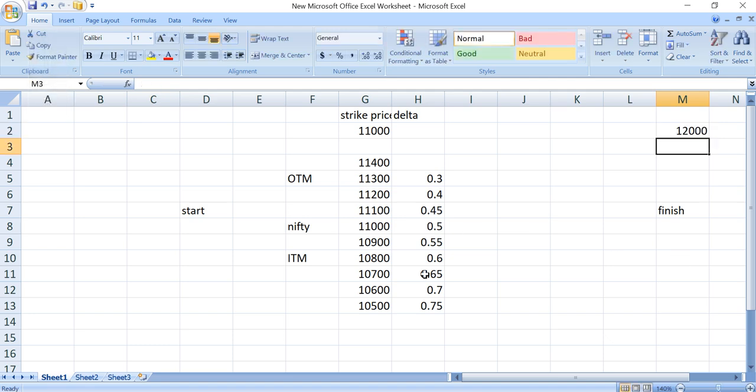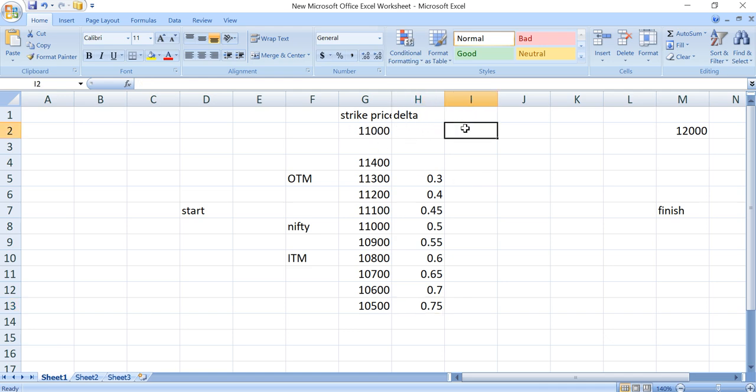We imagine there are many options here which will reach faster. What we're talking about is which value will be bigger. The option with the larger delta will have more adjustment with Nifty.